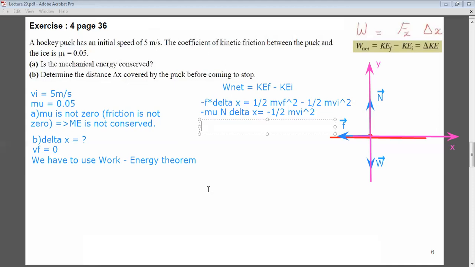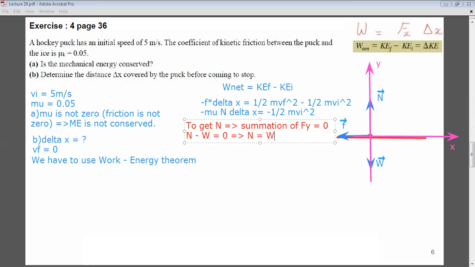Okay, to get N implies summation of Fy is equal to 0, just like I did before in the previous exercise. And I will get Ny plus friction Y plus Wy equal to 0. But friction Y is 0 because it's on the x-axis. So I will get N minus W is equal to 0.